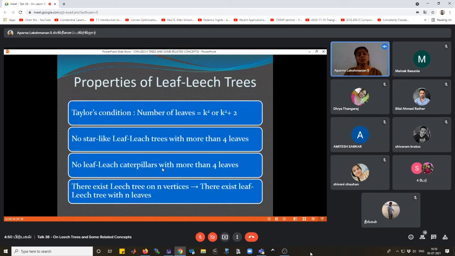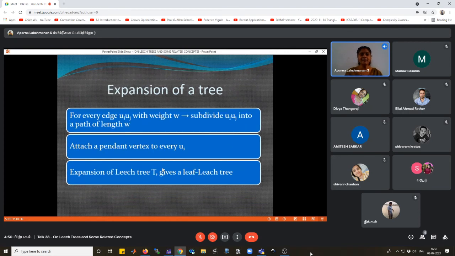Is there any relation between leaf-leech trees and leech trees? Leaf-leech trees also satisfy properties similar to those of leech trees. Since time is running out, I am not going into the details of that. And there is a relation between a leaf-leech tree and a leech tree.